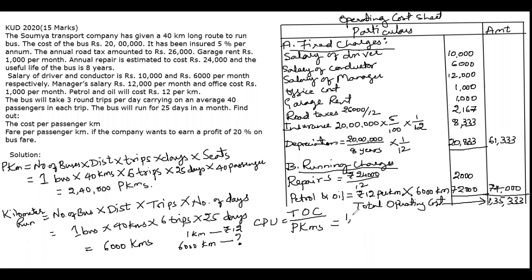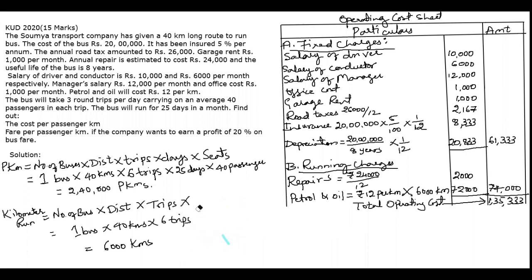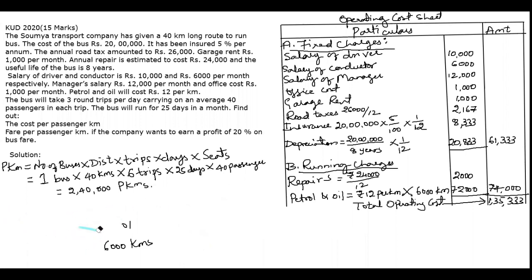Total operating cost as we have calculated here. So let's calculate here now. What's the formula for CPU?